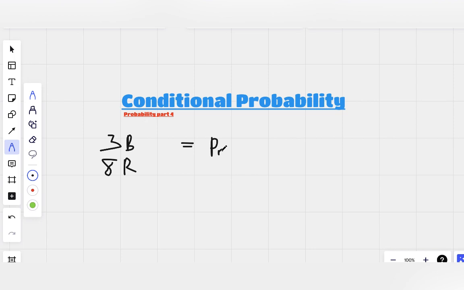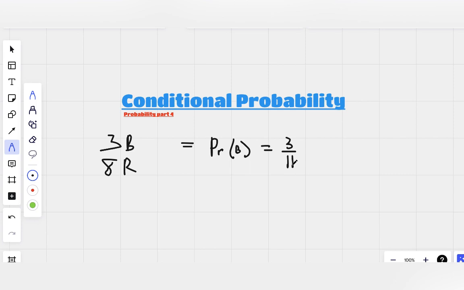You just dip your hand and pick one of the balls without looking. So that's random. It's not selective. So the total number of blue is 3 over the total number of balls in the bag, which is 11. So the first ball.